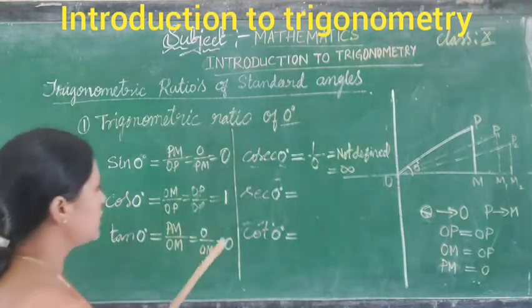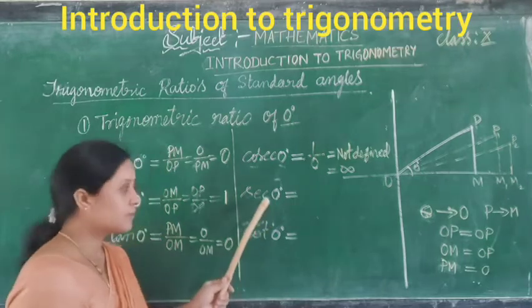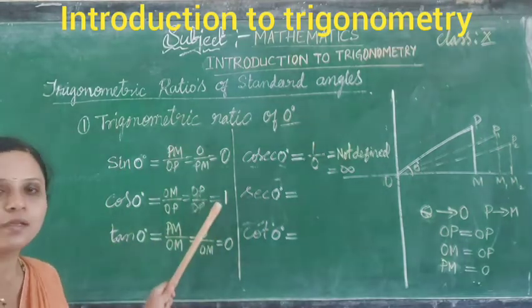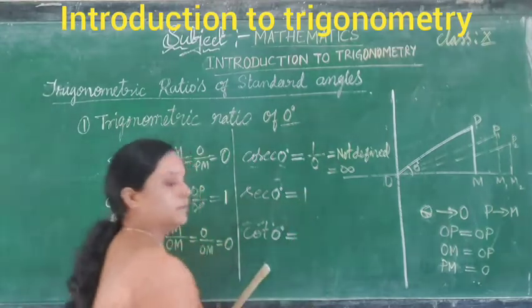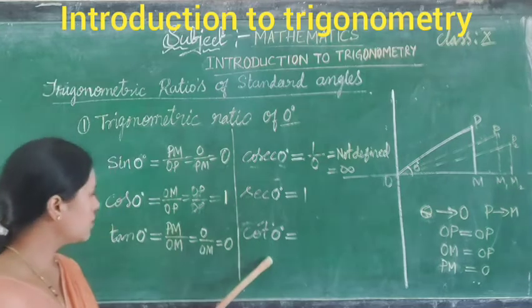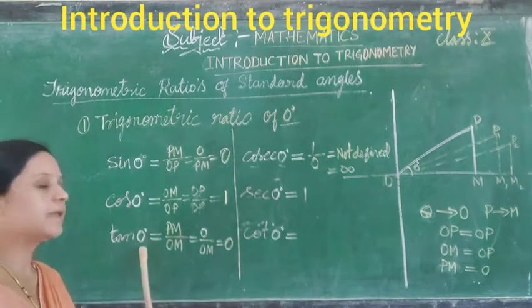Next one is sec 0. Sec 0 means the reciprocal of cos 0. Cos 0 is 1, and the reciprocal of 1 is 1. And the last one is cot 0. Cot 0 is equal to the reciprocal of tan 0.